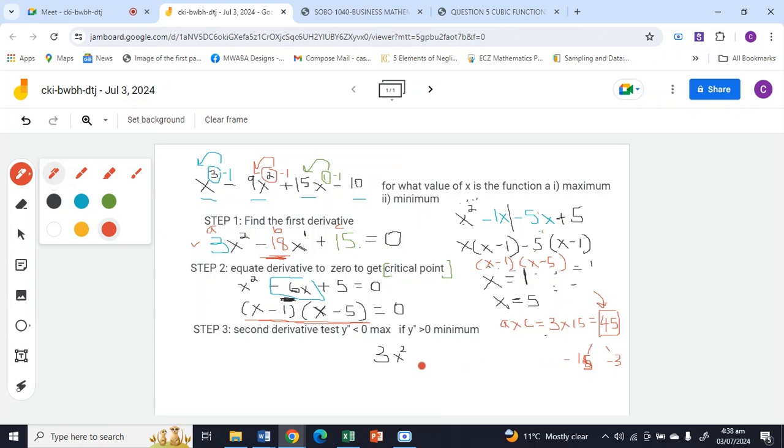So you're going to put this negative 3x, attach an x to the factors. So this negative 3x came from this 3 here, minus 15x plus 15.